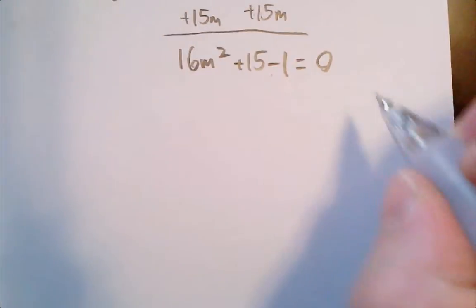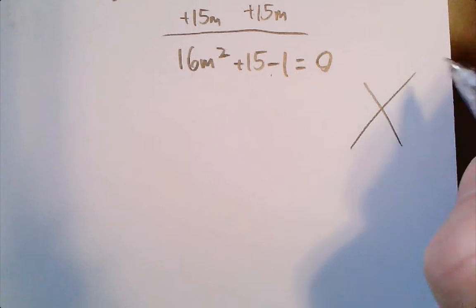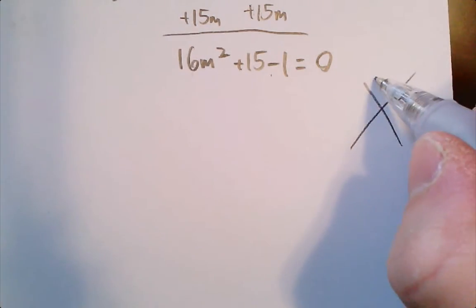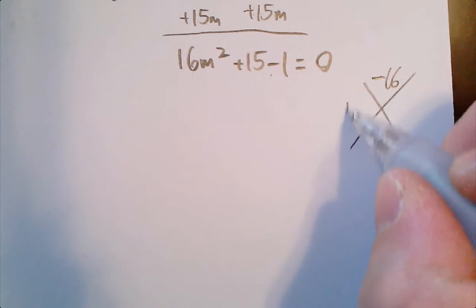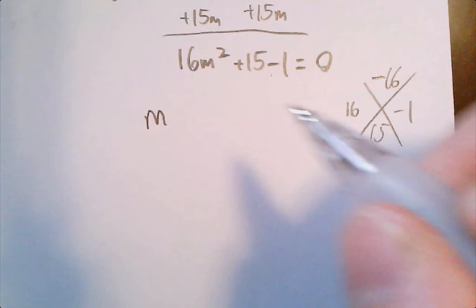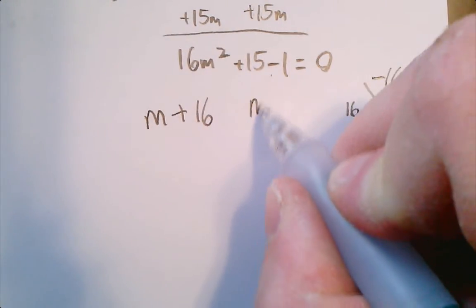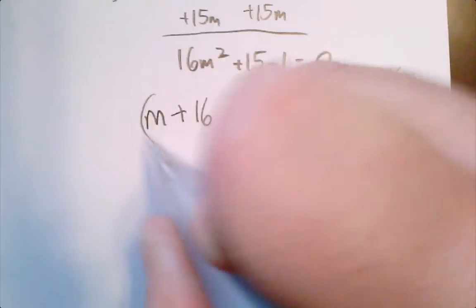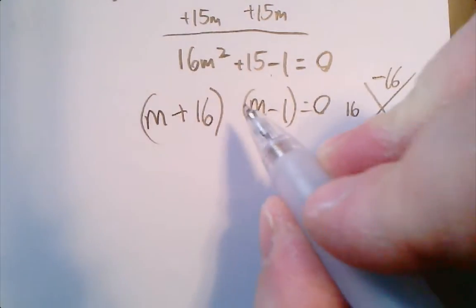So now I want to go AC method. I'm going to go back to the other way because, again, it's satisfying and it's addicting. I don't know why it works, but I like it. So here goes, -16. I've got to add up to 15, so I'm going to make this a positive 16 and a -1. I'm going to go m plus 16, m minus 1 equals 0.